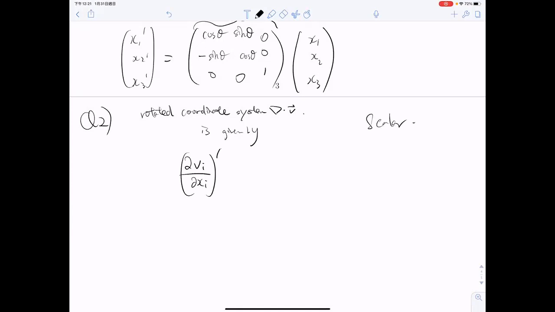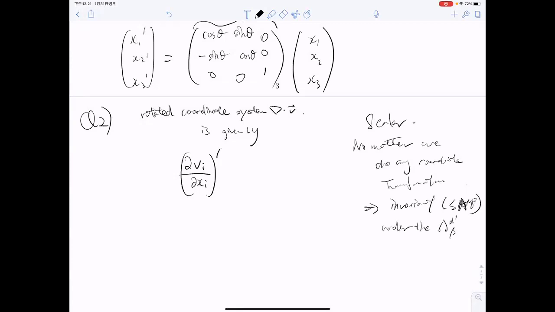A temperature, let's say, no matter what coordinate transformation we do, will be invariant, will be the same under any coordinate transformation. Why is that the case? I'll show you.